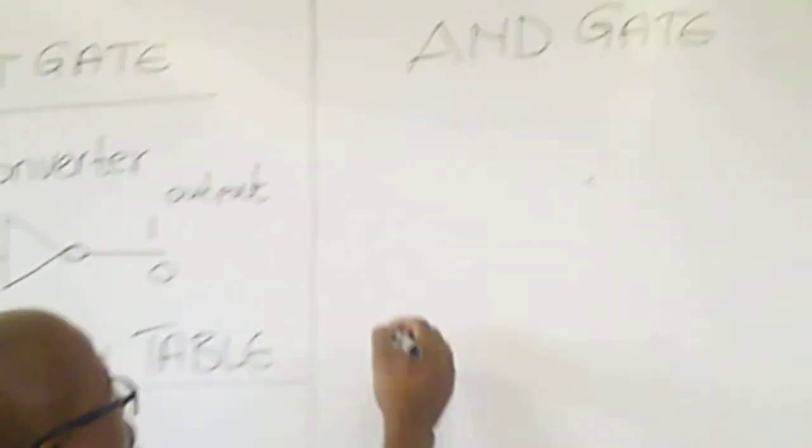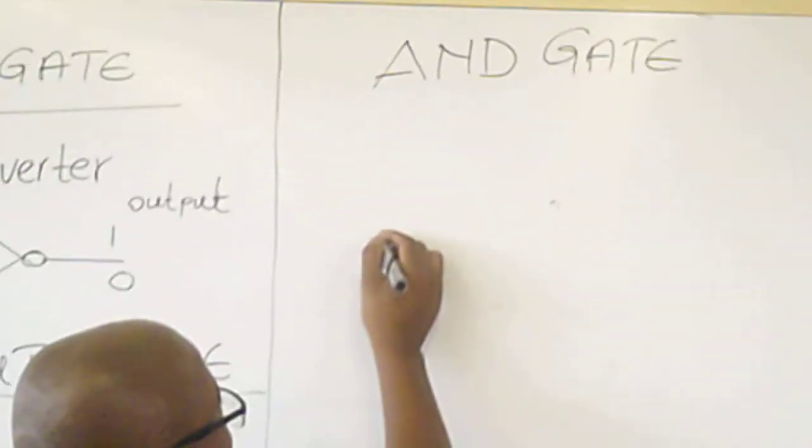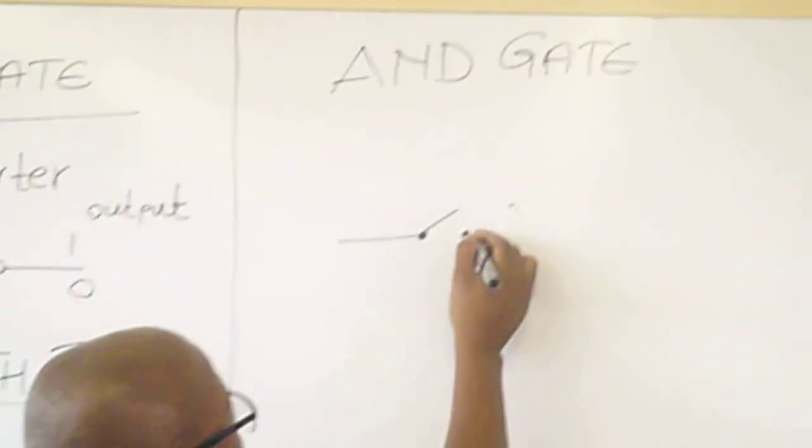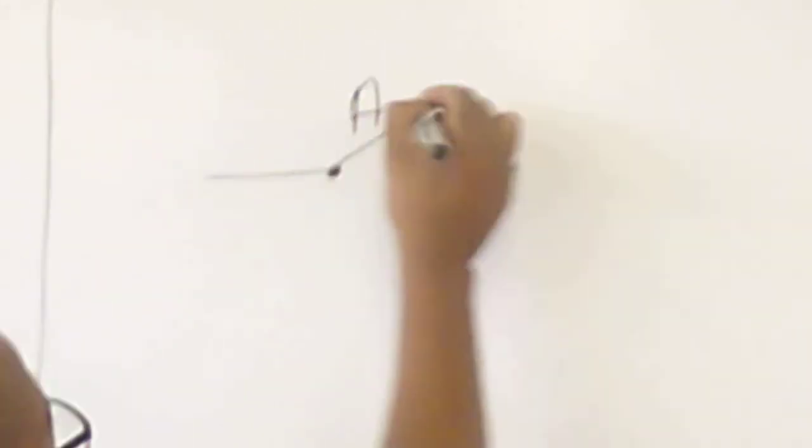If I have 2 switches in series, the first switch is my switch A, my second switch B, and then I have my output.